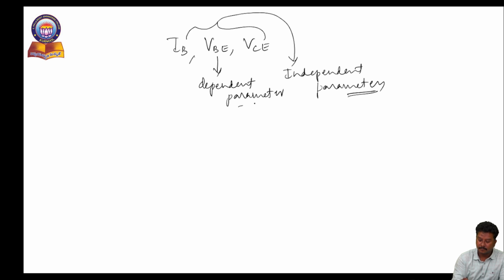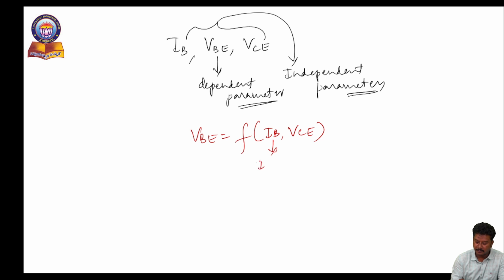This is dependent. So from this, we can conclude that VBE is a function of IB and VCE, nothing but input current and output voltage.